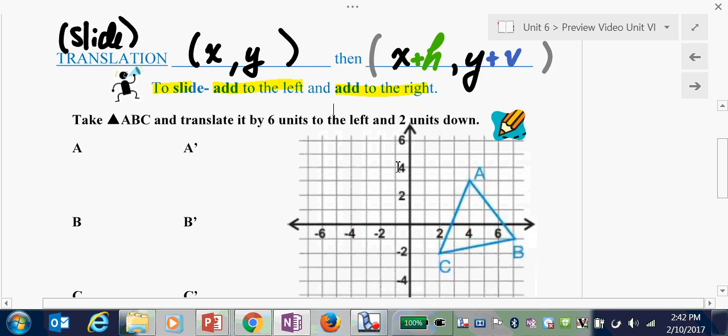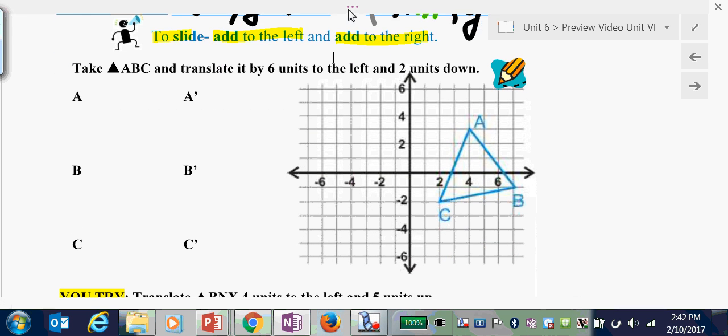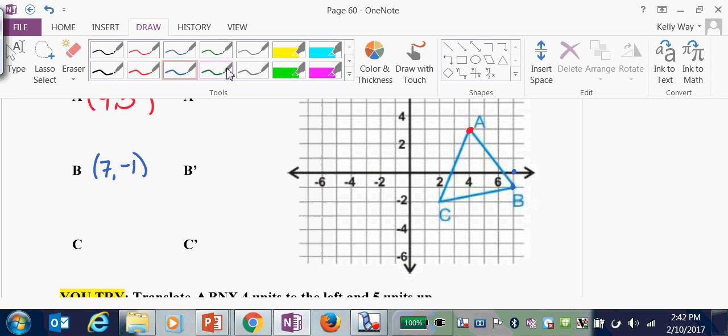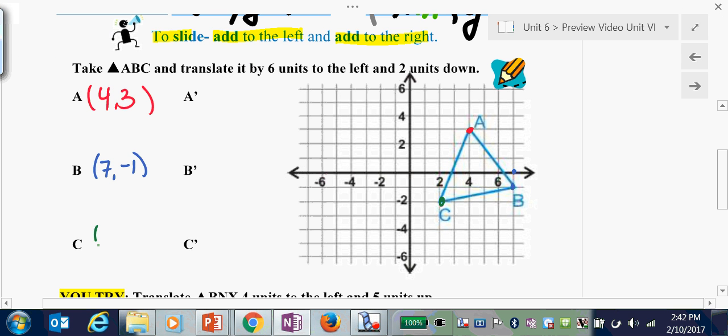Let me show you what I mean. First off, let's get our three coordinates here. We have A, and A is sitting at 4 and 3. And then B is sitting at 7 and -1. And then C is sitting at 2 and -2.